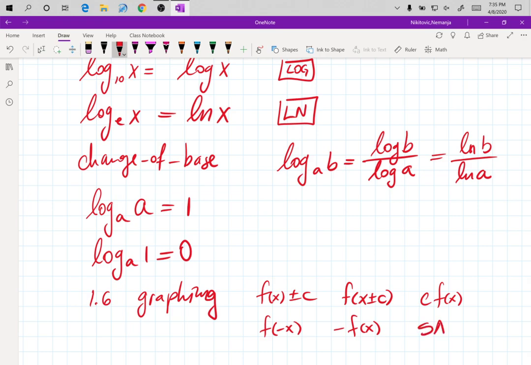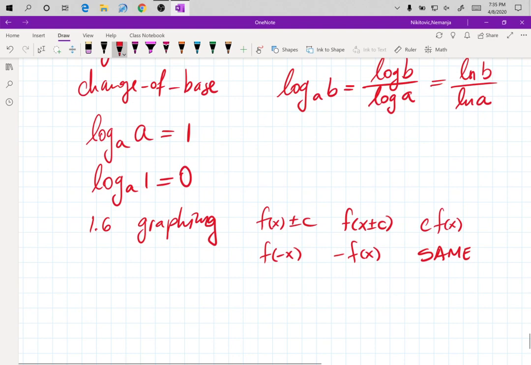So these work the same as in 1.6. I said that 5,000 times so far, because log is a function, and because log is a function, it obeys the same rules. And finally, 1.8 inverse.